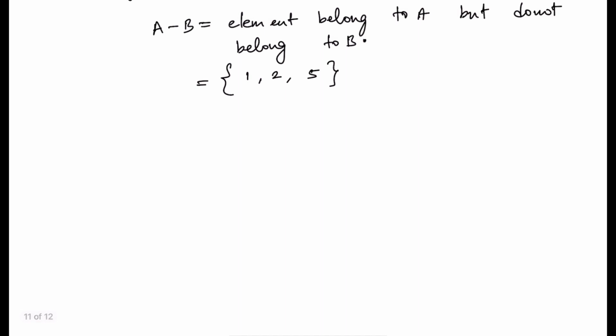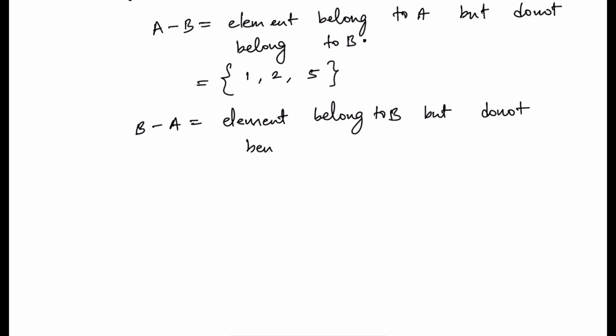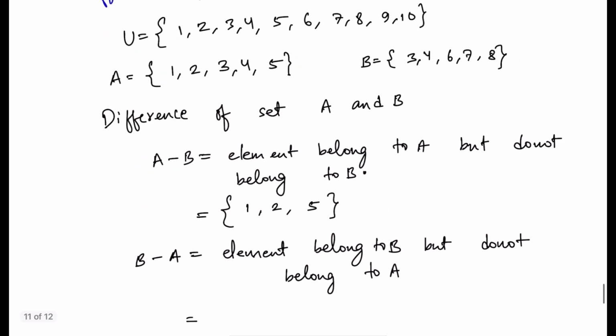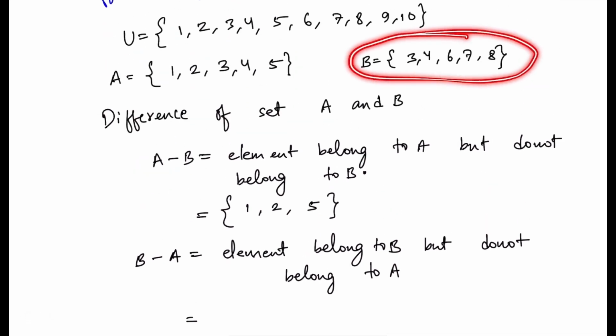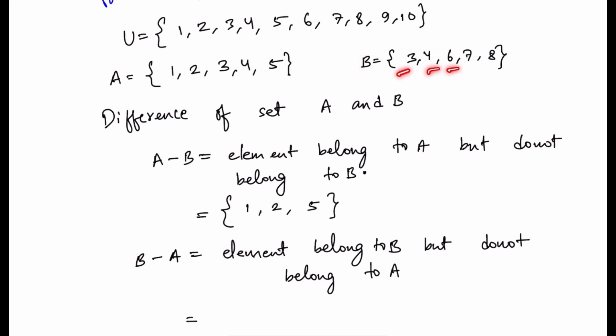Similarly, we can write B minus A. What is B minus A? B minus A is the set of elements which belong to B but do not belong to A, that is, elements of B which do not belong to A. Now check set B. Set B has elements 3, 4, 6, 7, 8, among which 3 and 4 are elements of A also.